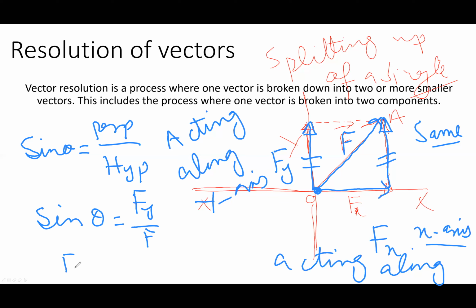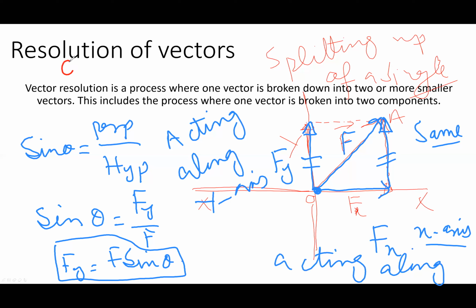So fy is equal to f sine theta. Now we will calculate the vertical component. Vertical is calculated. Now we will calculate the horizontal component.